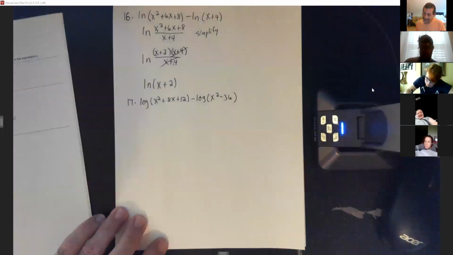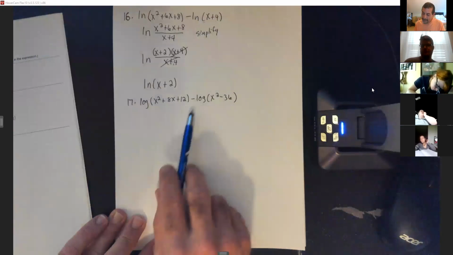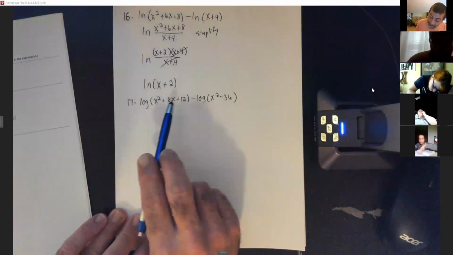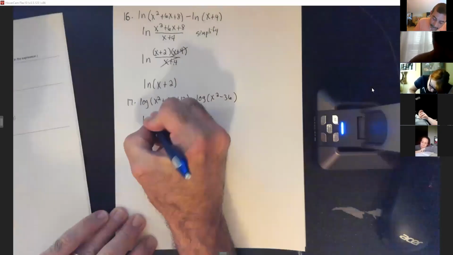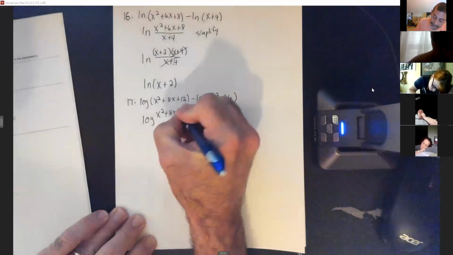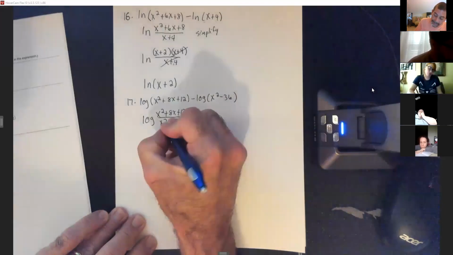All right, and let's see. Once again, I got these trinomials and binomials, but nothing I can do, so I'm going to rewrite this as division since it's got subtraction there. So it's going to be a big log on top, x squared plus 8x plus 12, and that'll be divided by the x squared minus 36.